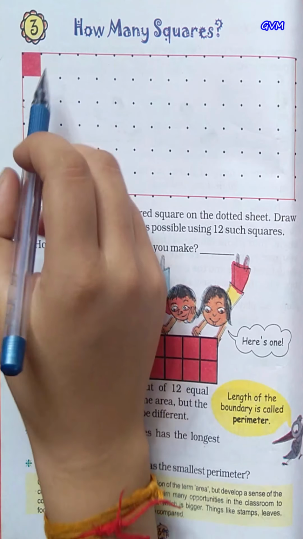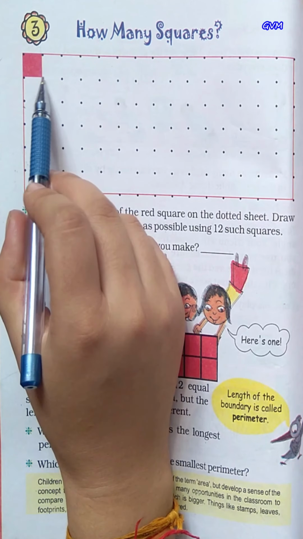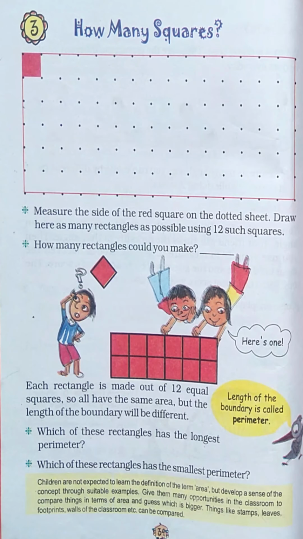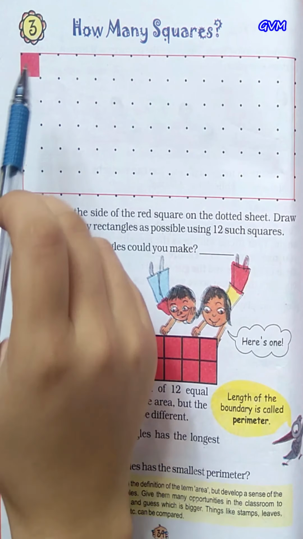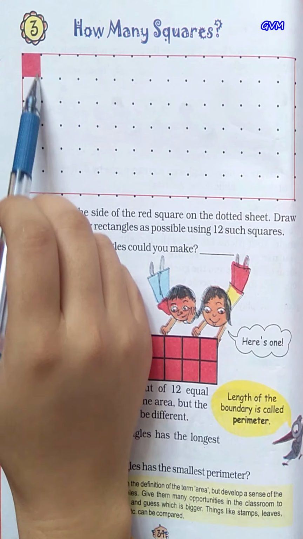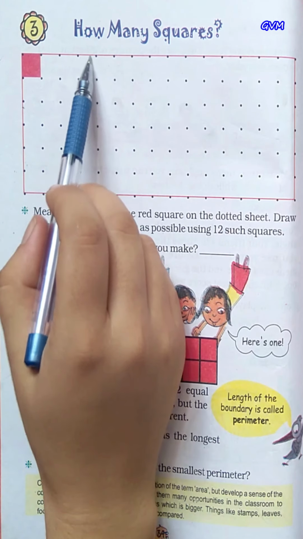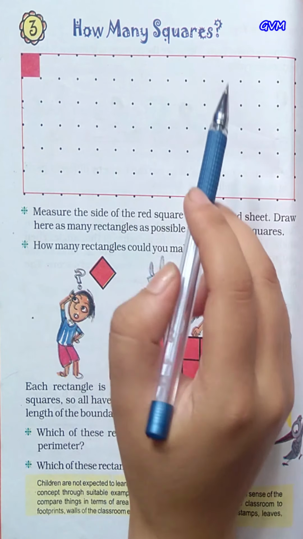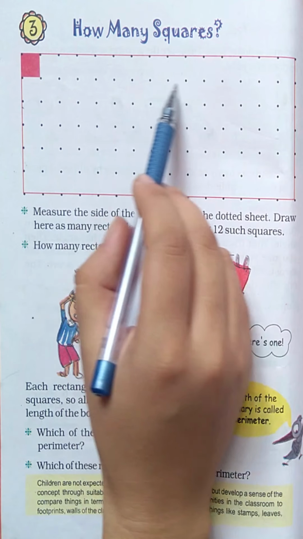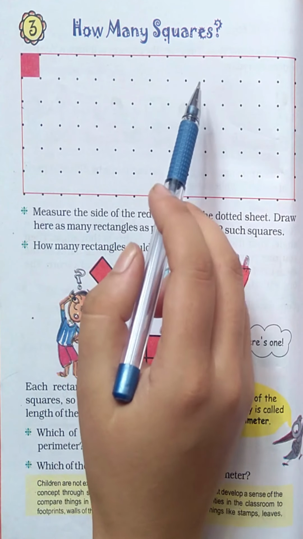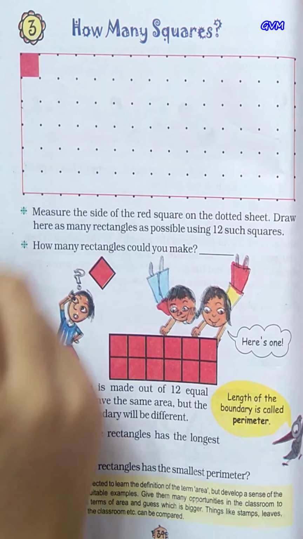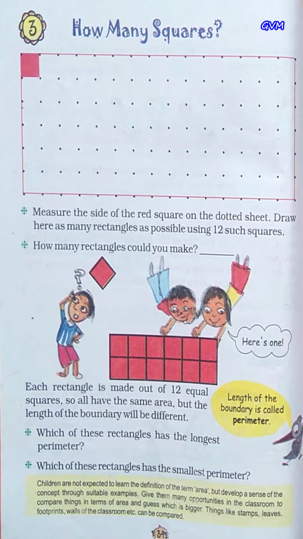Now when we draw 12 squares, it will form a rectangle. Like first square is this, second, third, fourth, fifth, sixth, seventh, 8, 9, 10, 11 and 12. So when we draw these lines, this will form a rectangle which is made out of 12 squares. Okay, so you can form as many rectangles as possible.